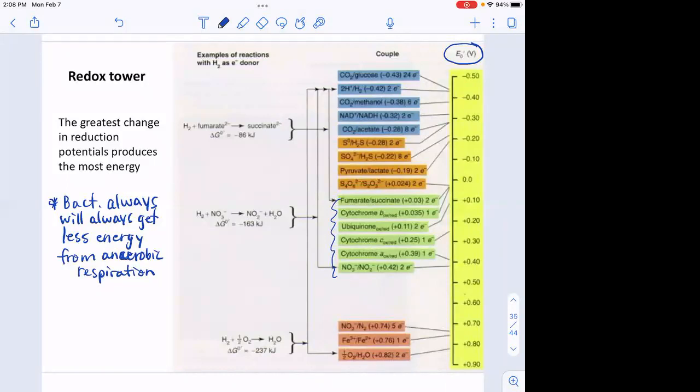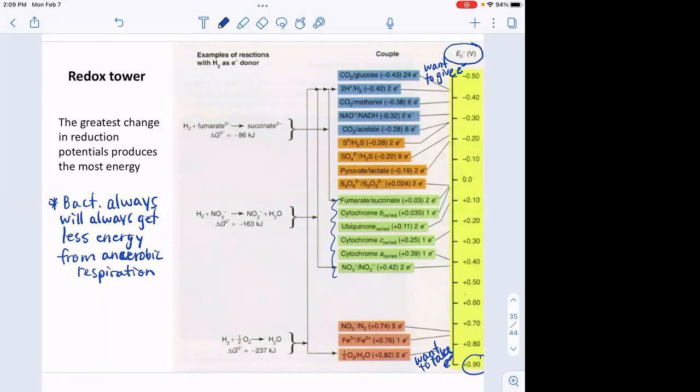So if that E naught prime is very negative, that means they want to give up electrons very badly. They want to get rid of their electrons. If that E naught prime is positive, the more positive it is, that means they want to take electrons.